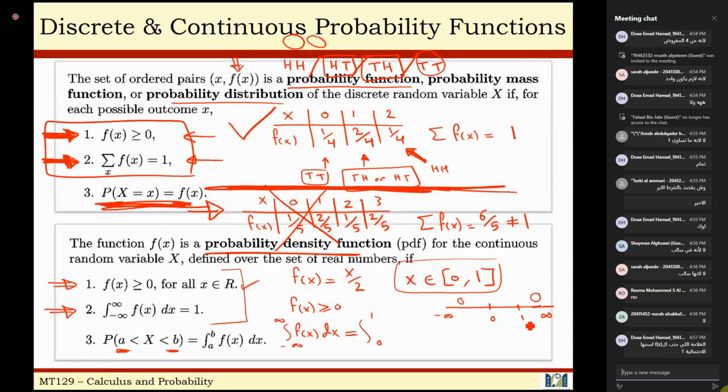But from 0 to 1 we have the function x over 2. Okay, so the integral from minus infinity to infinity, this is integral from 0 to 1 only. From 0 to 1 x over 2 dx, this is equal what? This is equal x squared over 4. Put it 1 and 0, so we have 1 over 4 minus 0, so this is equal 1 over 4.